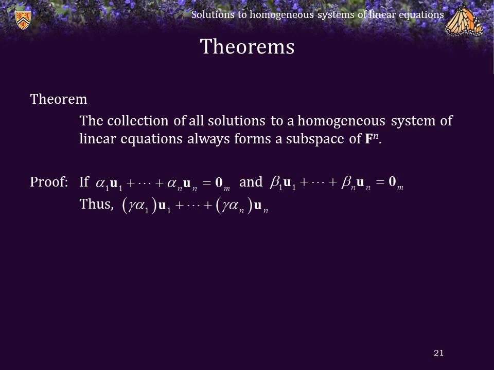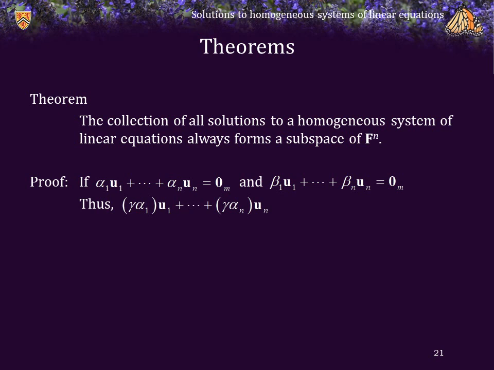Well, let us take the first one, the vector alpha, and multiply it by gamma. If we multiply the vector alpha by gamma, that multiplies each of the entries of the vector alpha by gamma.